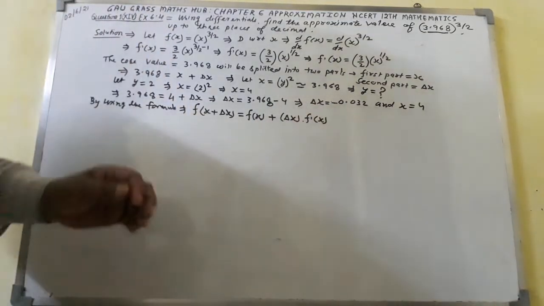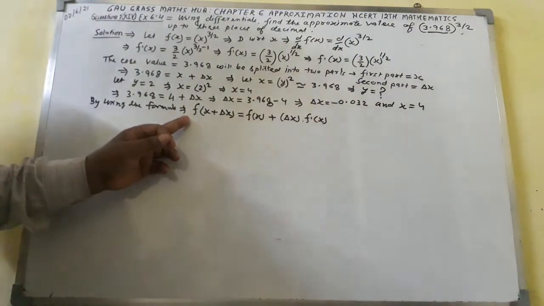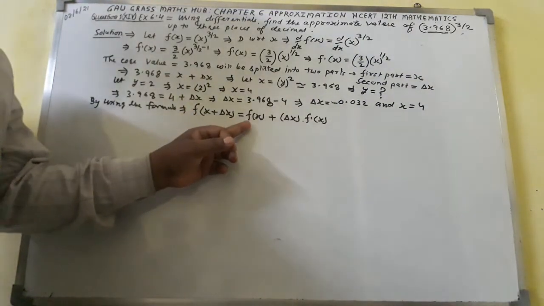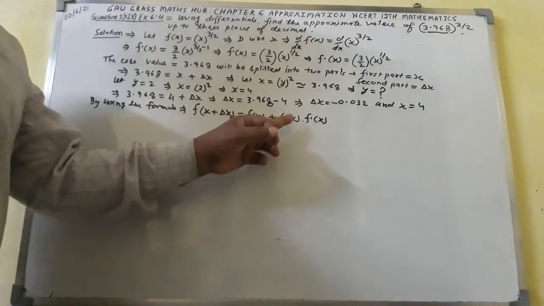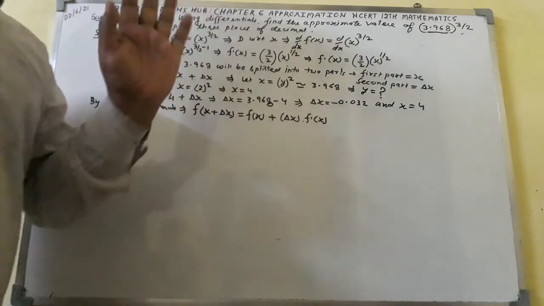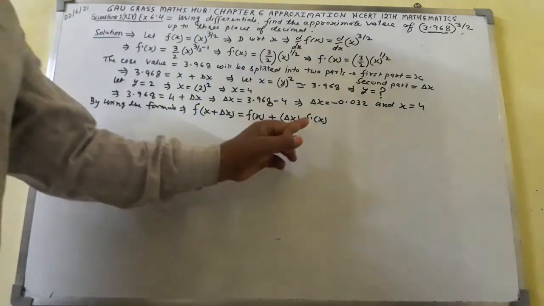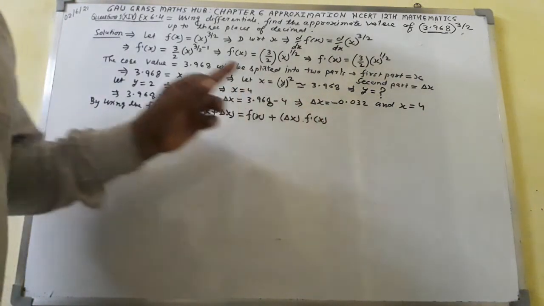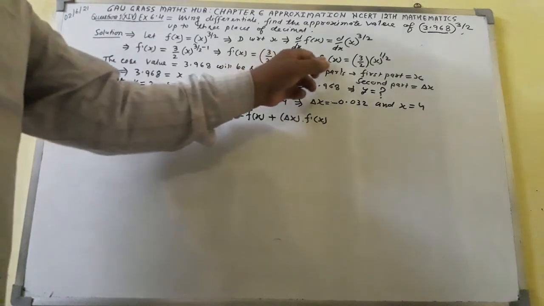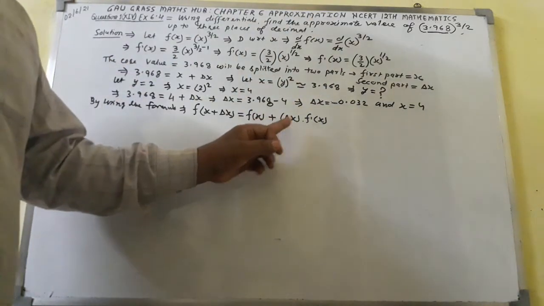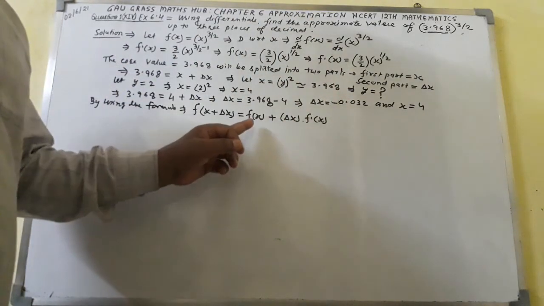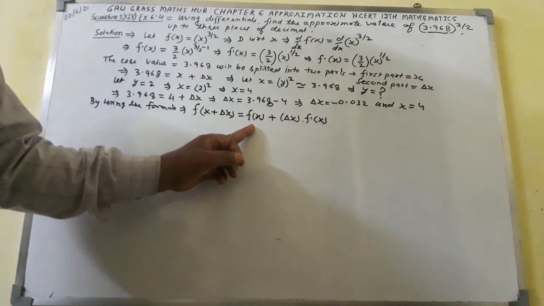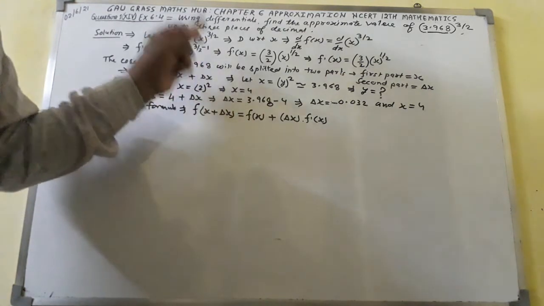This is the formula you have to remember. f of x plus delta x equals f of x plus delta x dot f dash of x. So here you can see the value of f dash of x you have got, this one here. The value of delta x you have got this one. The value of f of x I shall take from this place.